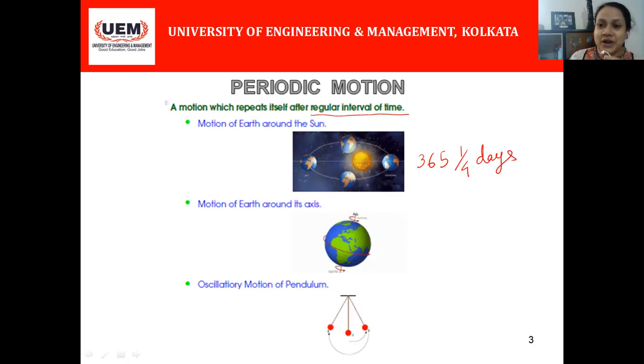The next periodic motion that I have brought for you is the motion of the Earth about its own axis, or rotation of the Earth. And the period of this motion is, as you know, 24 hours.